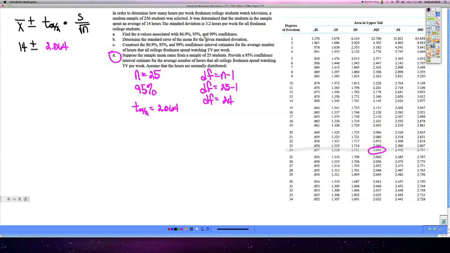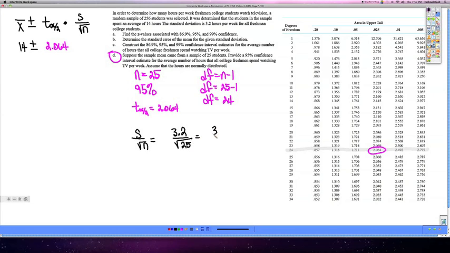To calculate the standard error, we would use the same standard deviation we were given, which is the 3.2, and divide by the square root of 25.